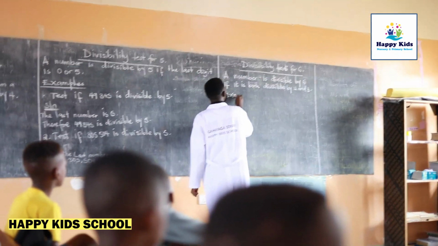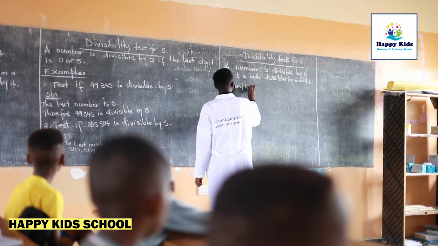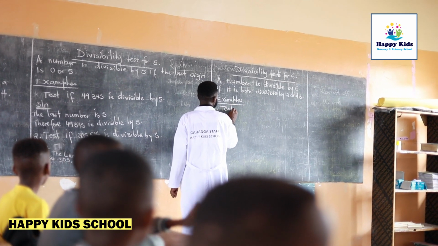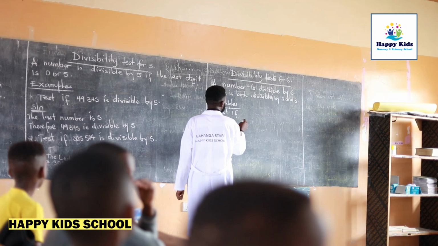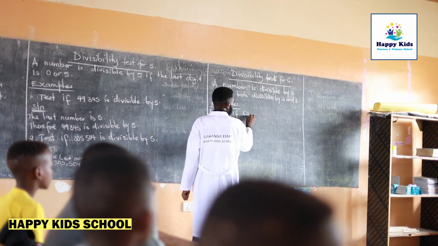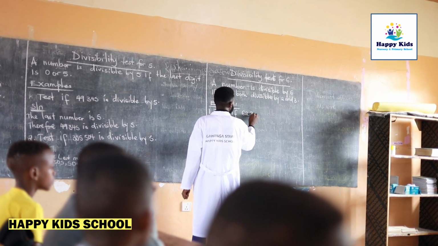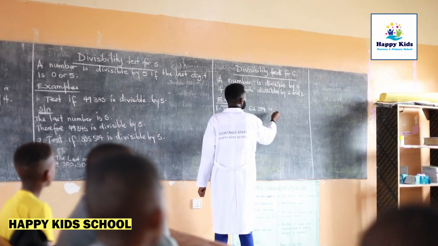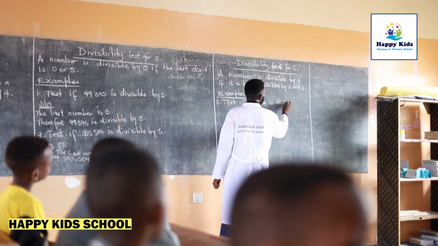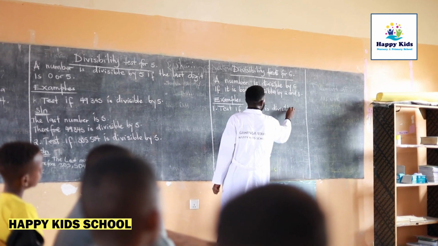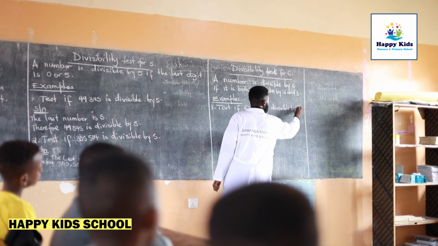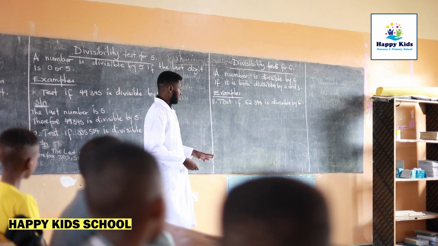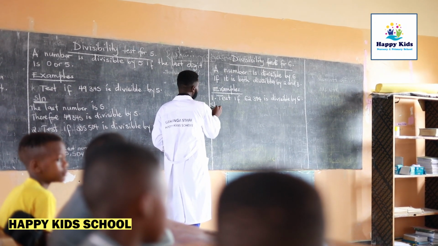Example: they can ask you to test if 62,394 is divisible by 6. They can ask you a question like this. So how are you going to answer?